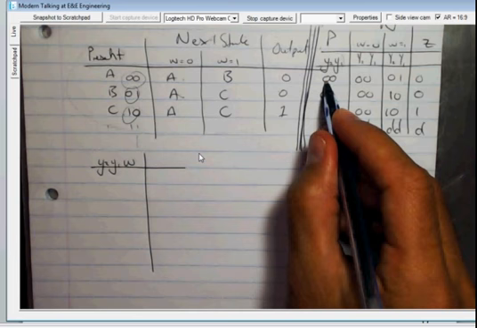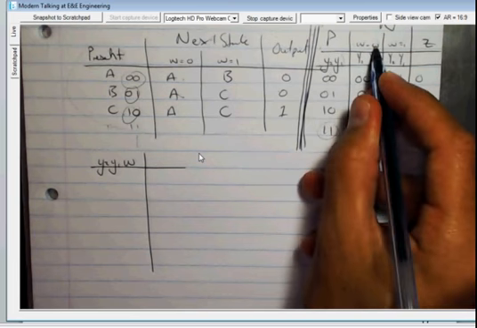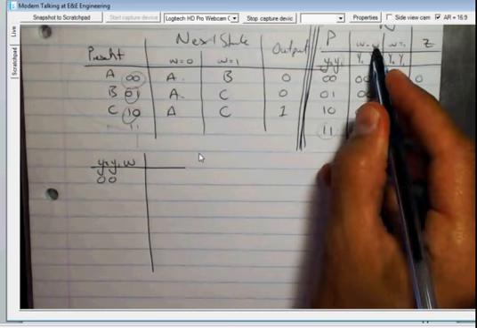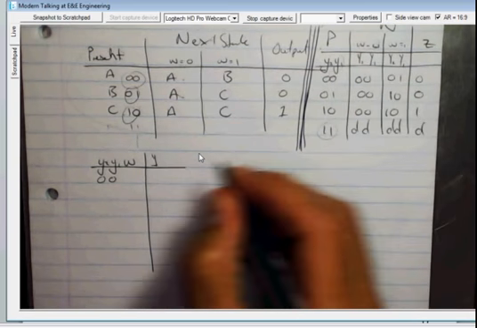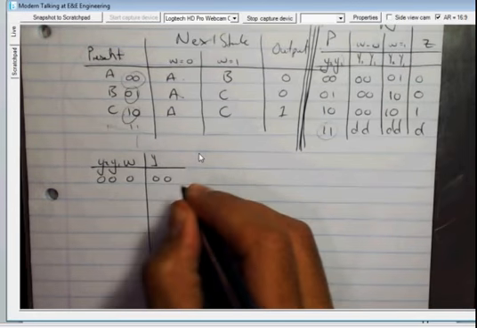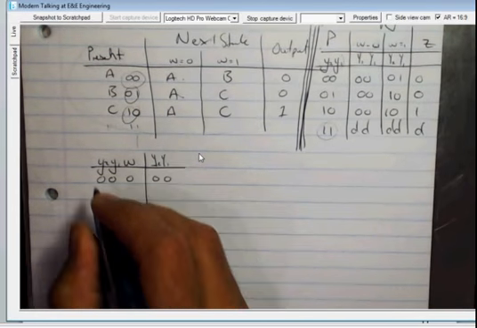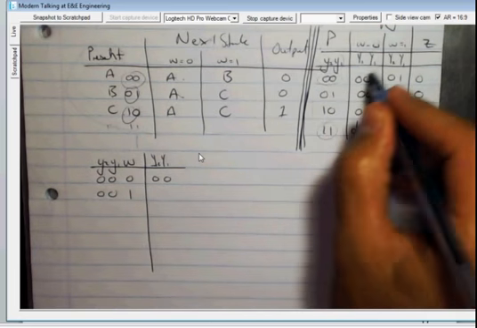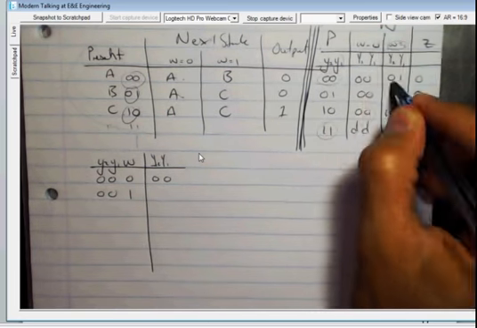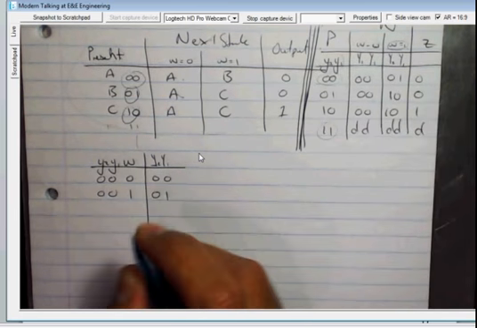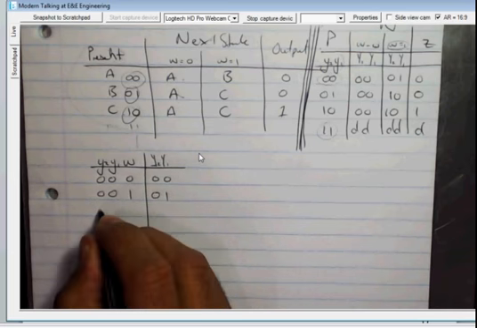So 0, 0, 0, did you get that? 0, 0, 0 leads to a 0 and a 0. 0, 0, 1. So if I'm in state A and I get an input of 1, my next state is 0, 1. So I'm doing exactly the same thing here. I'm just rewriting the table as a truth table.